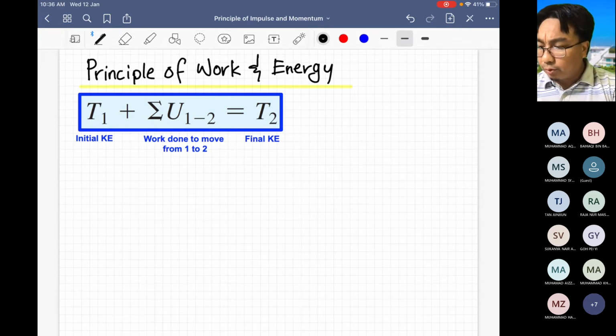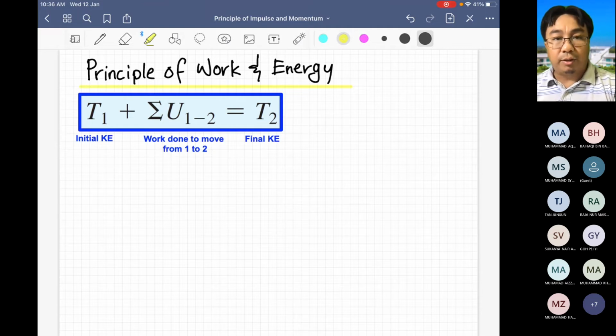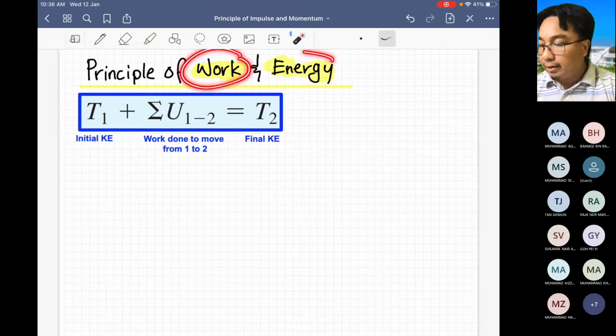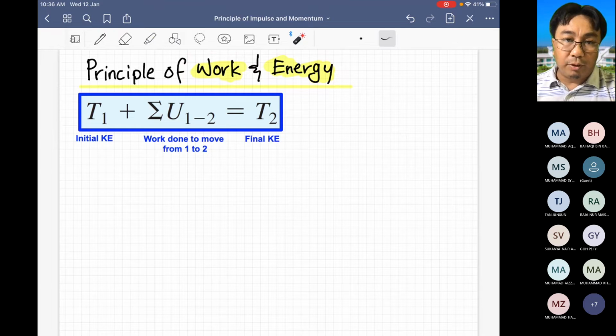When you talk about the principle of work and energy, basically there are two important parameters. The first one is the work, and the second one is the energy. These two components make the principle of work and energy.